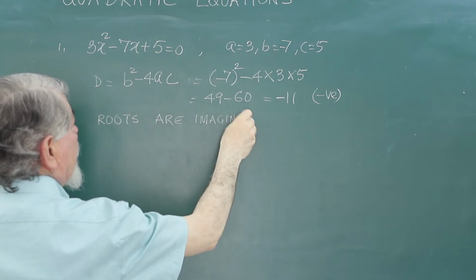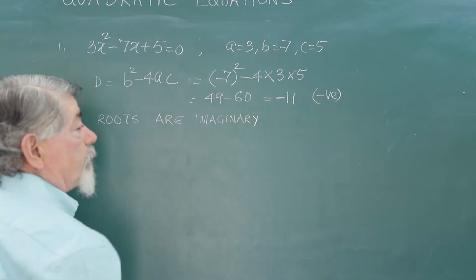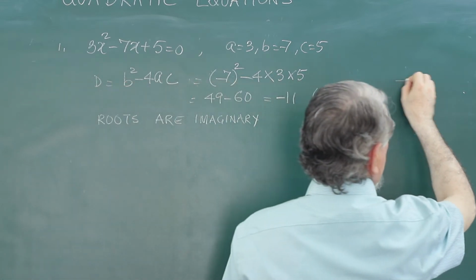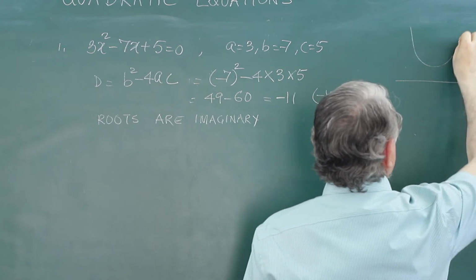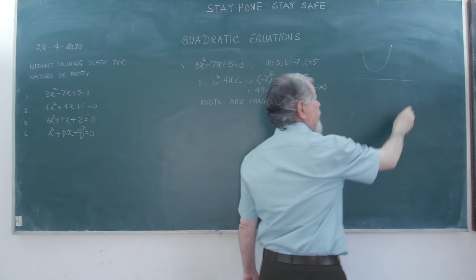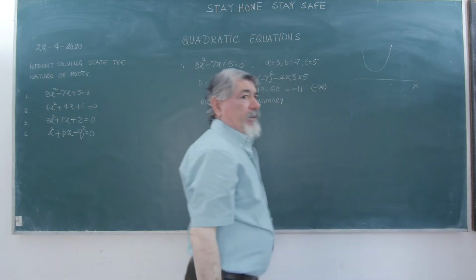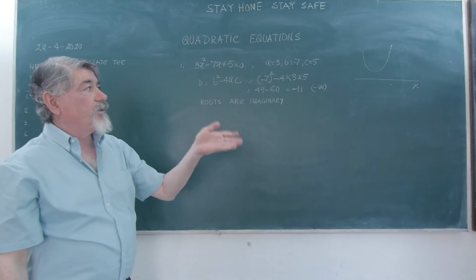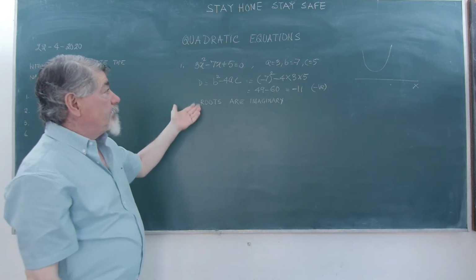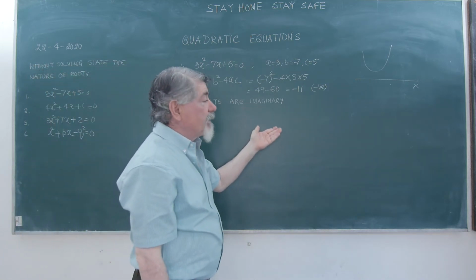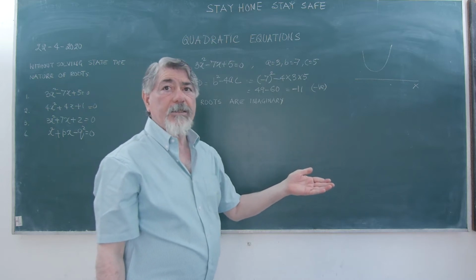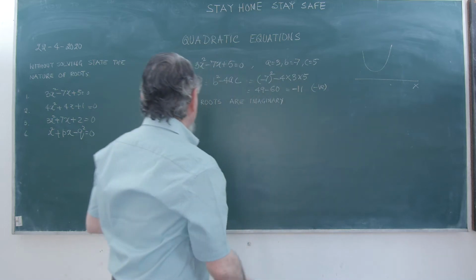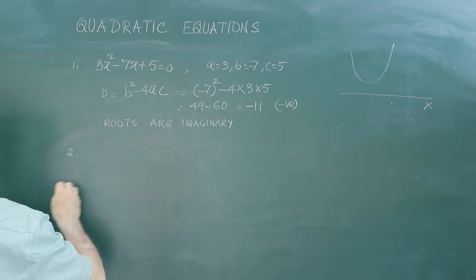And if you remember what kind of curve I'll be getting for this, I'll be getting something like that, above x-axis, because A is positive, so the parabola will be opening upward, and because the roots are imaginary, it is not going to cut the x-axis.